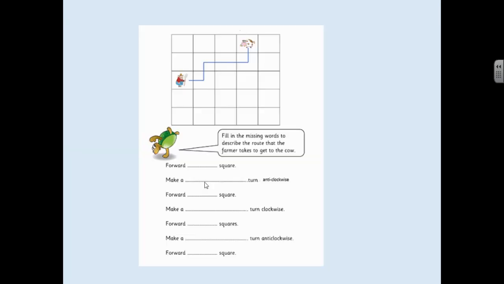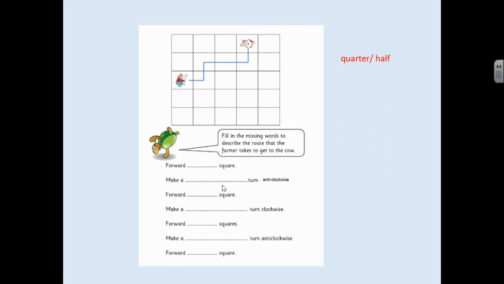Right, pause the video and please make sure you have downloaded the worksheets from class charts or email. Right, this is the worksheet here. Fill in the missing words to describe the route that the farmer takes to get to the cow. So for forward, you need to write down the number of squares it's going to take. For make a turn, you're going to use the words quarter or half.